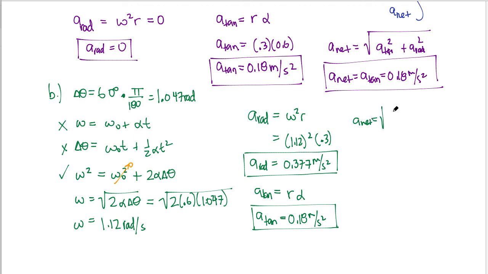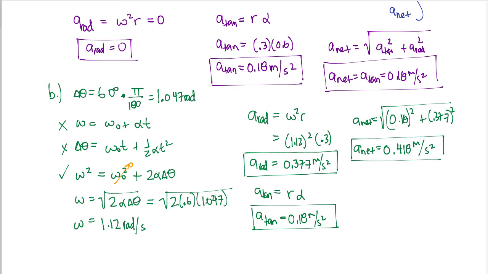So I will have the square root of my tangential component and radial component squared. So I have 0.18 squared plus 0.377 squared, and then square root all of that, and my net acceleration magnitude is approximately 0.418 meters per second squared.